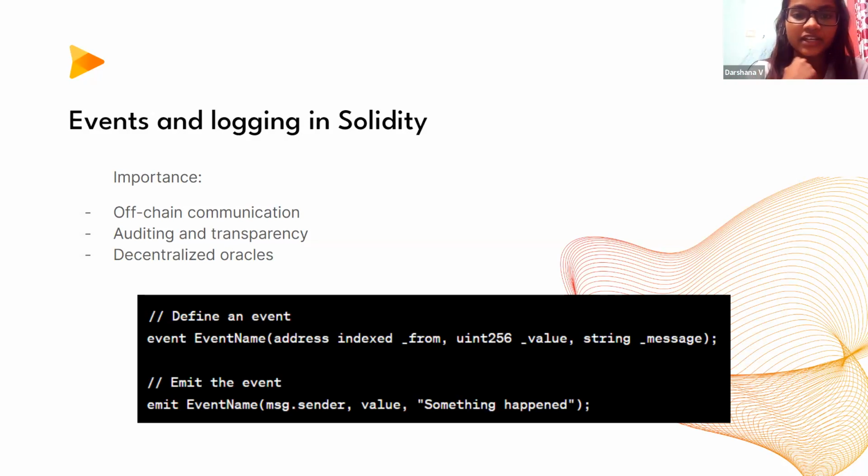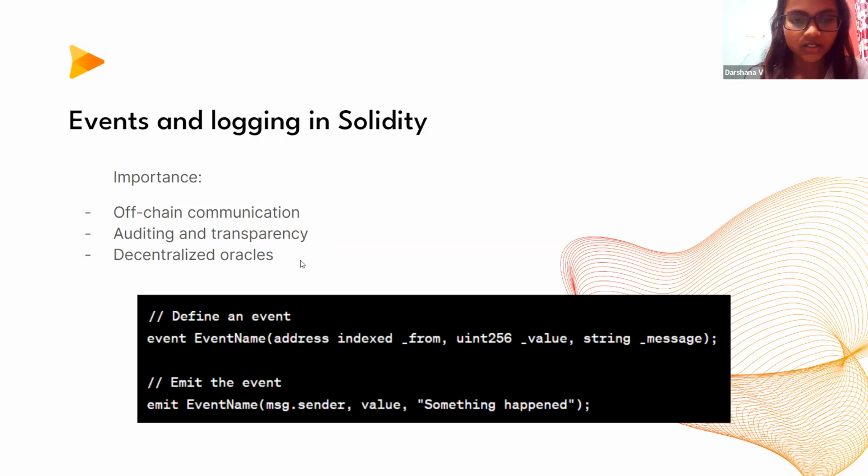If anyone outside wants to verify any information, you need to have that transparency. So these events help in automatically auditing this information whenever certain calls are done. This is one important reason why events are generally used.